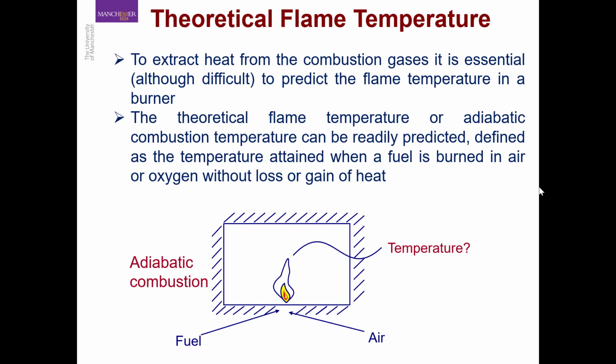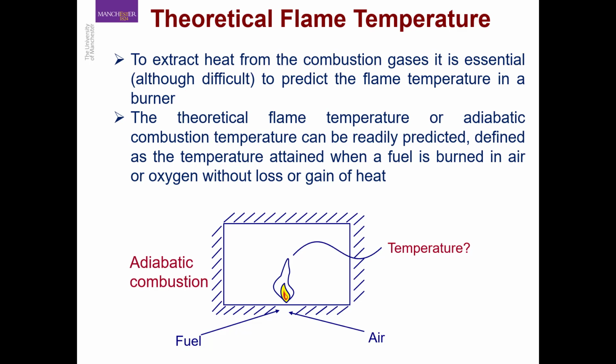Okay. So the theoretical flame temperature can be defined as the temperature that is attained when you burn a fuel in air or oxygen without the consideration of any loss or gain of heat to the system. And in reality, we want the actual flame temperature, but as I said, it depends on a lot of design parameters like geometry, construction, and the type of burners.